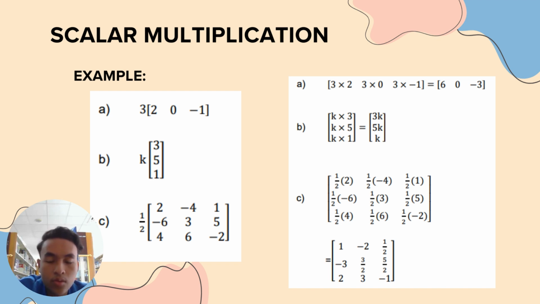1 over 2 multiplied with 2, -4, 1, -6, 3, 5, 4, 6, and -2.